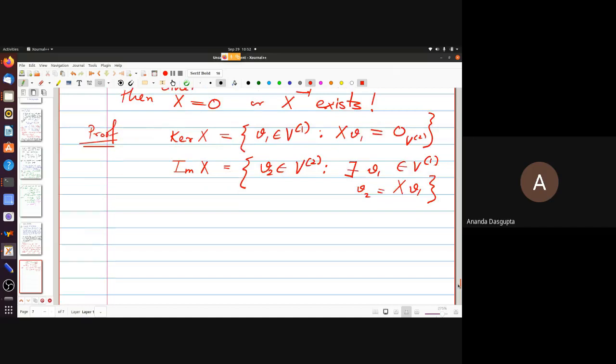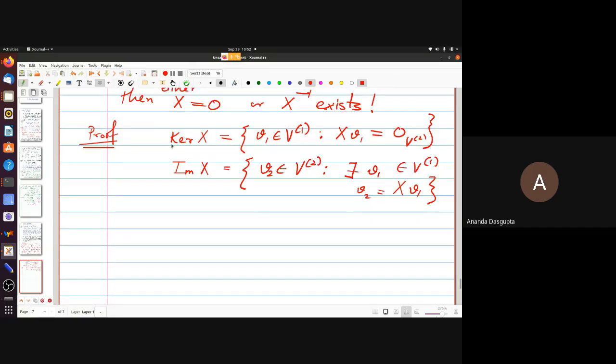Okay. Now, I hope everybody knows that kernel of X and image of X are subspaces. That is, Ker X is a subspace. They are of course subsets, but they are subspaces.